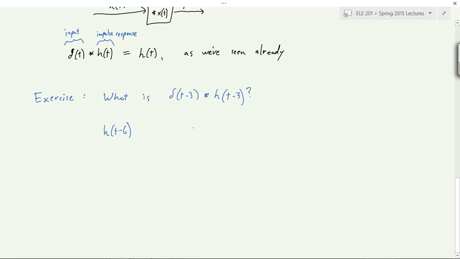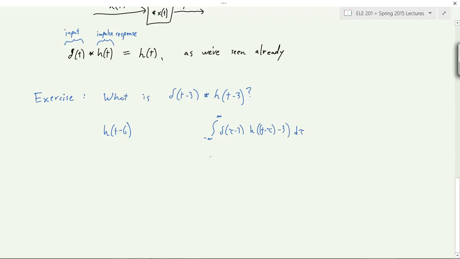But let's just plug it in. So we have the integral of delta of tau minus 3 times h of, now instead of t, we have to replace t with t minus tau, so that's t minus tau minus 3.